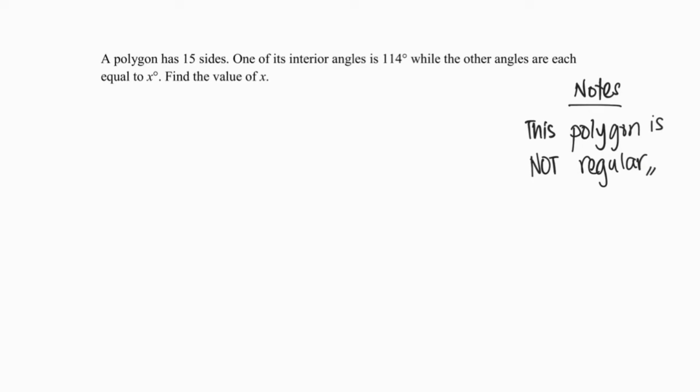So now they tell me one of the interior angles is 114. Other angles are x. 15 sides means 15 angles. One of them is 114.